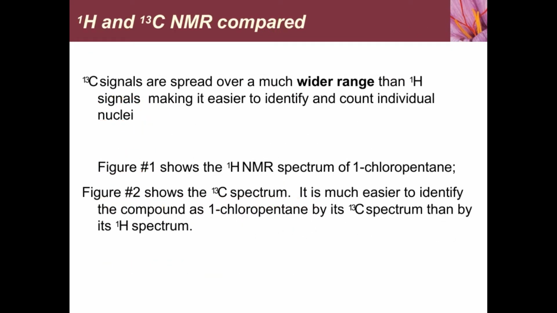Now, if you compare PMR spectroscopy, that is proton resonance, and C13 resonance spectroscopy: the proton abundance is 99%, 1H1, and C13 abundance is about 1%.